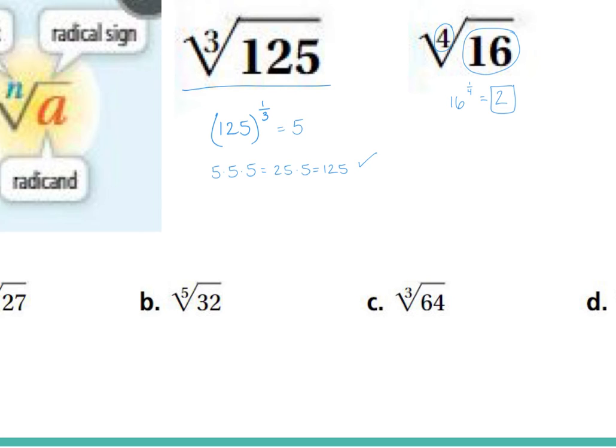Copy all 4 of those down, A, B, C, and D, and go ahead and try them. And when I say try them, don't just write equals 3, equals 2, equals 9, equals 7. I want you to actually write down the exponent as a fraction and then figure out the answer, just like I did for the other 2.